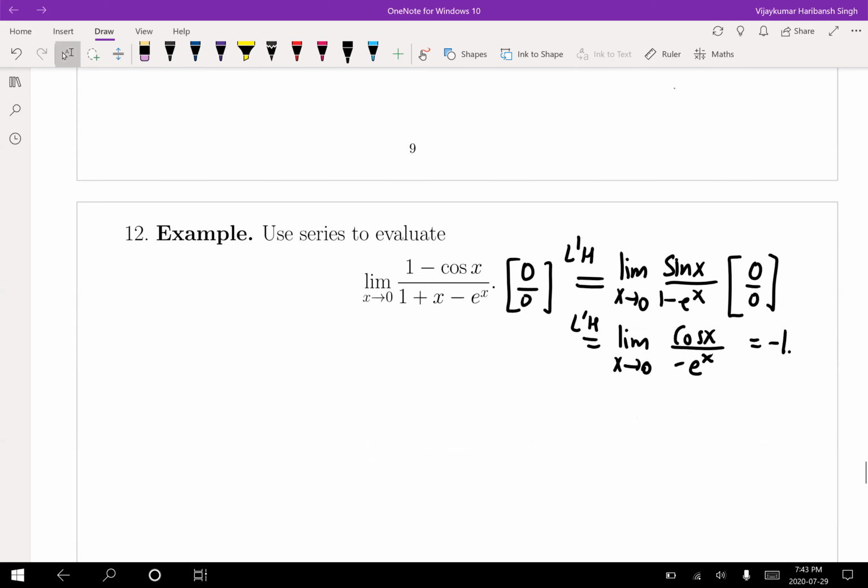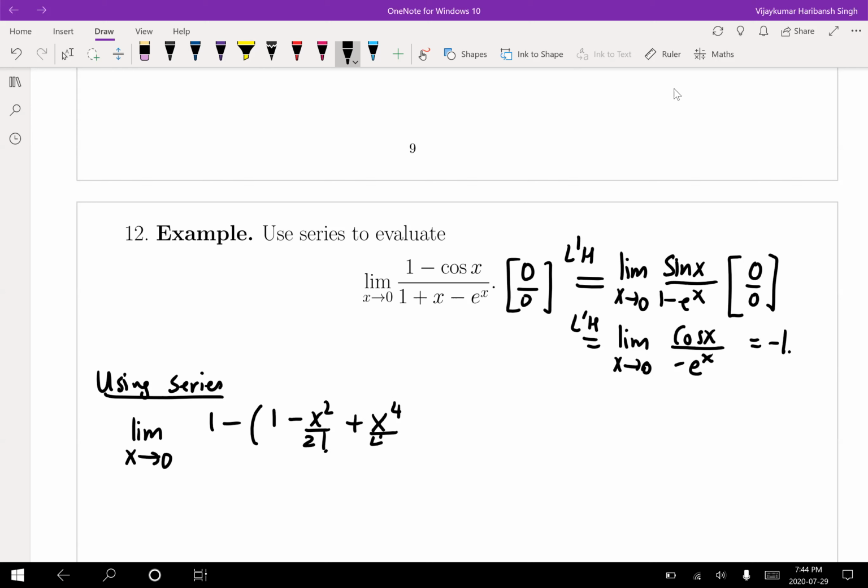So let's see using series now. Note that if you write it down, you have the limit as x goes to 0. What is 1 minus cos x? If I want to write down cos x as a series, it is 1 minus x squared by 2 factorial plus x to the 4 by 4 factorial plus x to the 6 by 6 factorial.